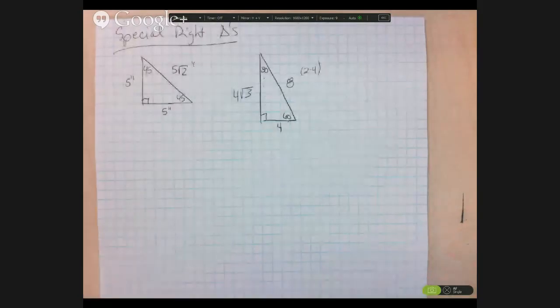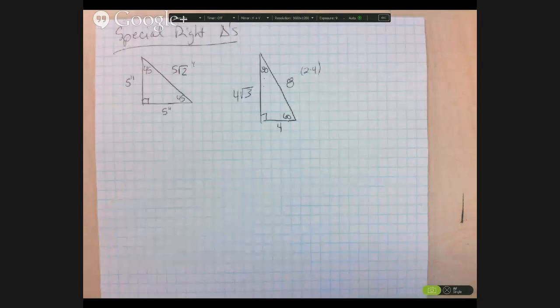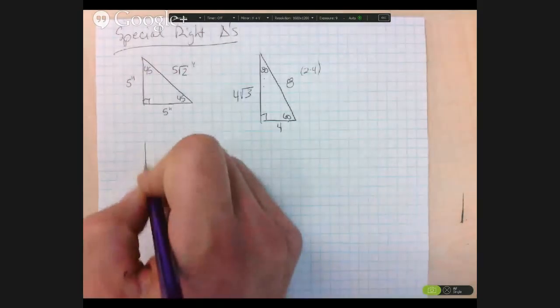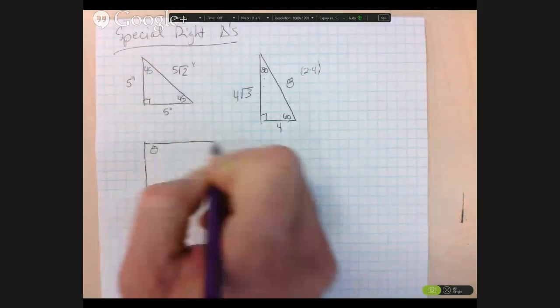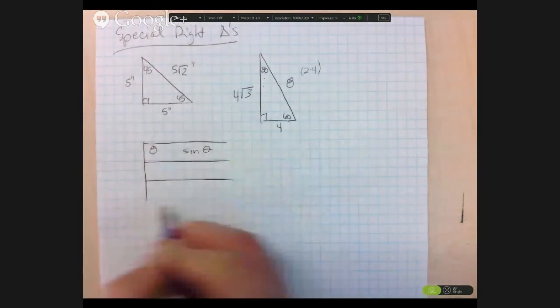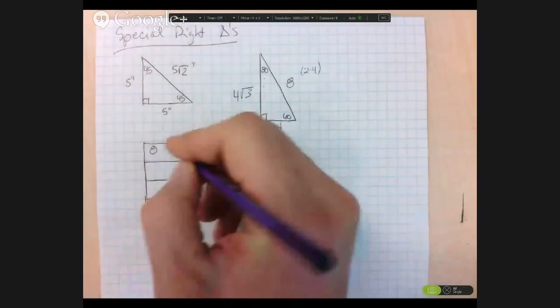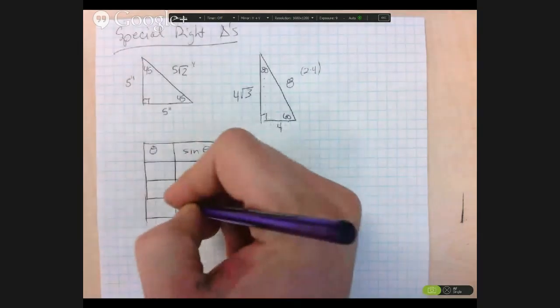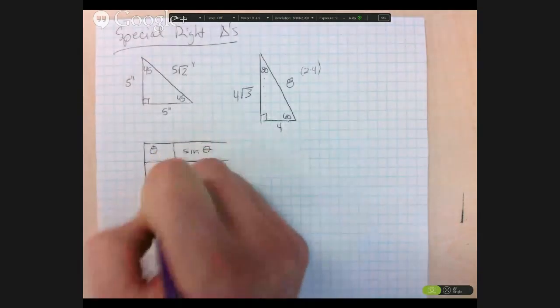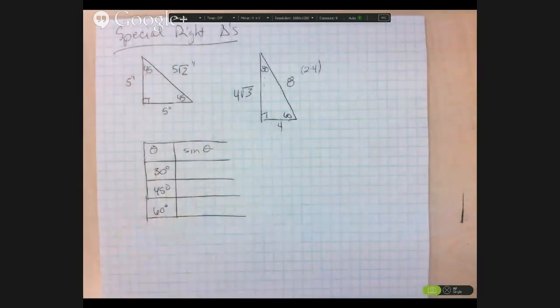Okay, last item. You all have a calculator? If you don't have one, get one.